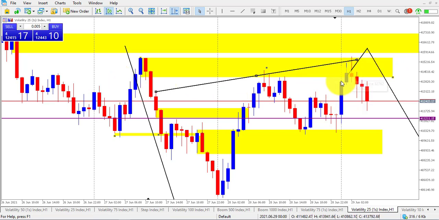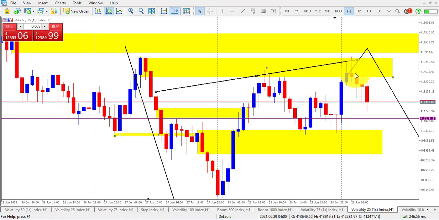Then we see this blue candle into the order block, then the confirmation candle, which is red, and it's also a pin. So it's an order block confirmation and also a candlestick pattern confirmation for our trade. So this is our entry on H1.